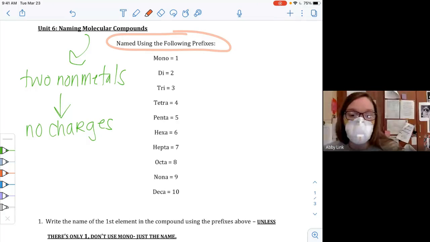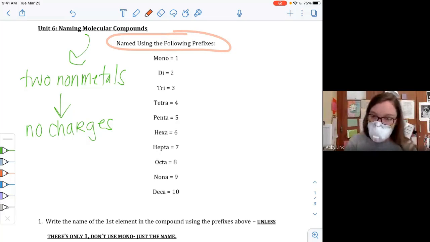A lot of you have probably heard of penta, like pentagon. And octa is another really familiar one for 8, like octagon. You don't have to have these memorized. I would give these to you on a quiz or a test, or you can access them on your own at home. But they are the 10 prefixes that we're going to use.